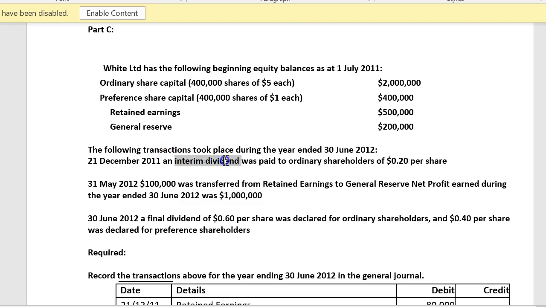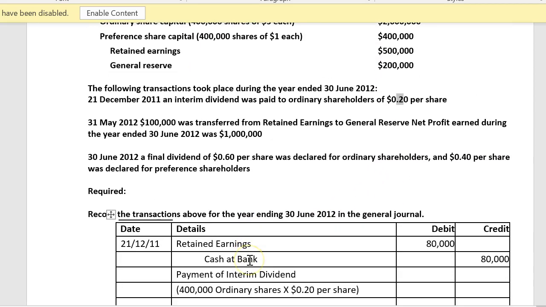So interim dividend is dividend paid during the year. You debit retained earnings and you credit cash at bank since the dividend has already been paid. How much dividend they paid? So it's 400,000 times by 20 cents. That's 80,000. And that's what you see here. You debit retained earnings, credit cash at bank. Very important. You know how to do this.